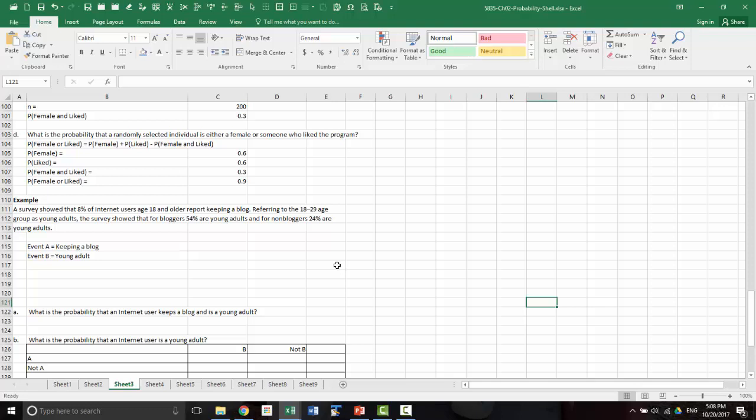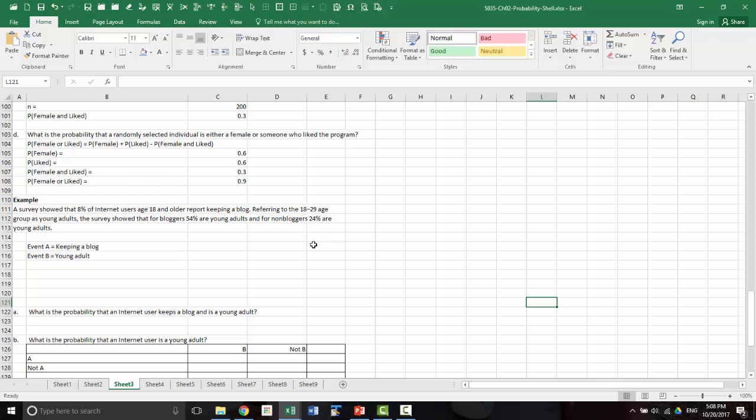So what are these probabilities then? This first one is 8% of internet users age 18 and older. That may be throwing you off, because 18 and older is the entire population. That population is divided into 18 to 29, and 30 and above. People under 18 are not counted.